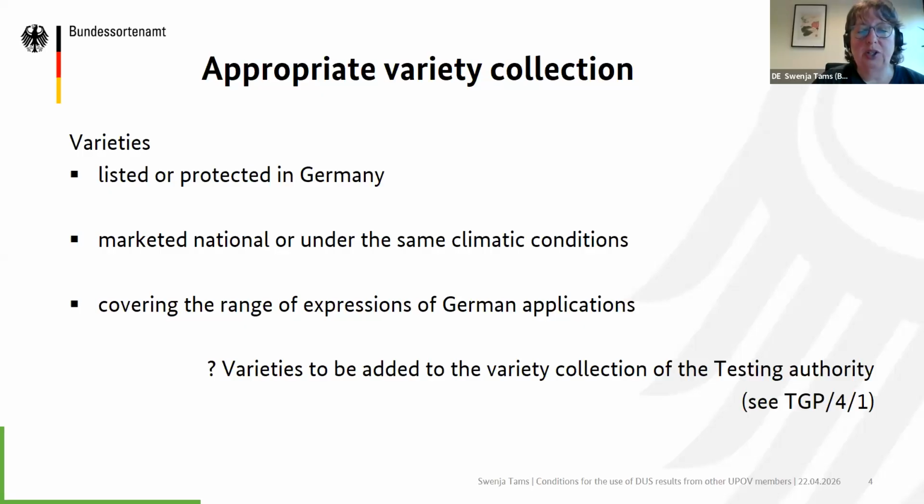The range of expression of our German applications needs to be covered. It could be that the testing authority did test beforehand only certain types, and that's why the range of expression might be broadened for them, might be okay also. So this is what we discuss with the testing authority.